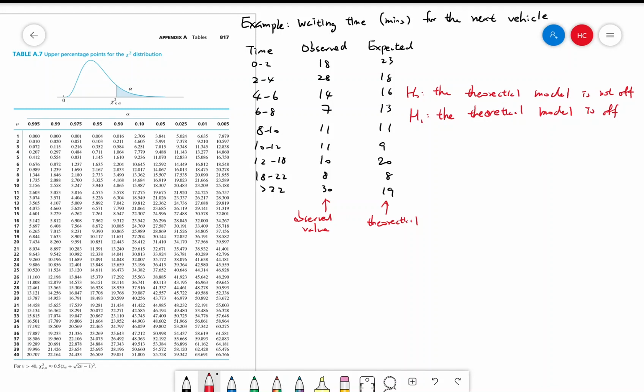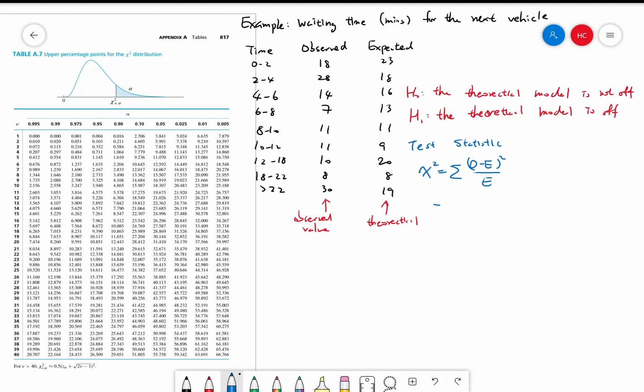Same thing: to calculate the test statistic, chi-square is equal to the sum of O minus E squared over E.